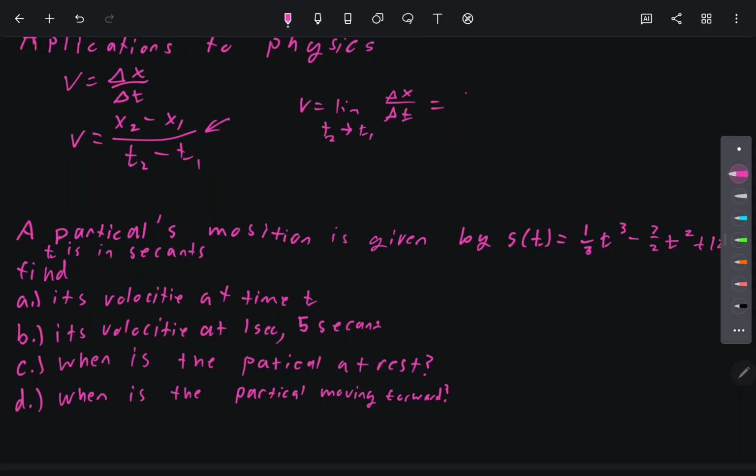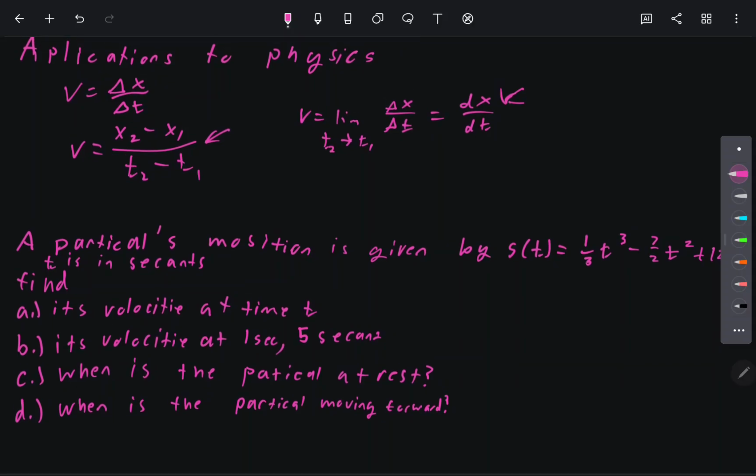That is equal to the derivative of position with respect to time, and that's the definition of instantaneous velocity. So we're going to be seeing this concept of the derivative in all sorts of fields, including physics, the first one that we're starting out with.